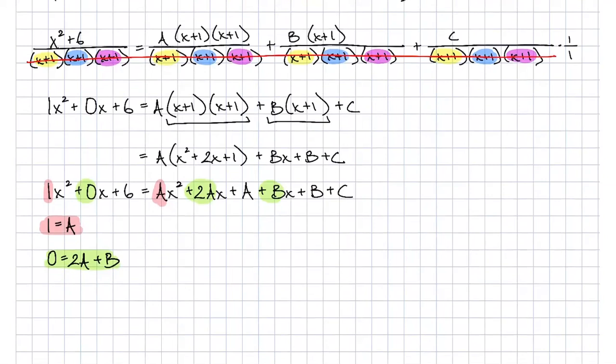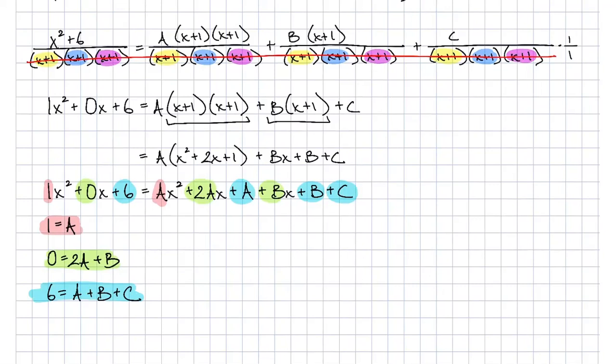And then last but not least, positive 6 equals a plus b plus c. And all of those are the coefficients from just the numbers in the equation. Okay.